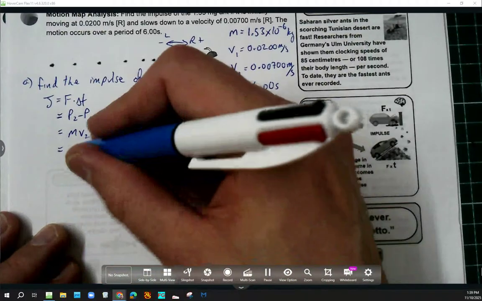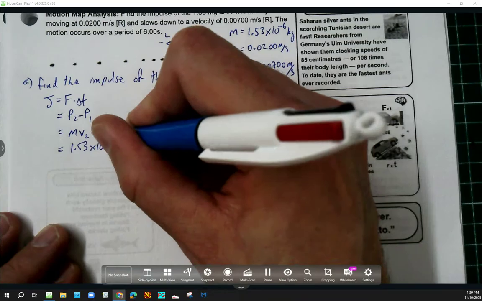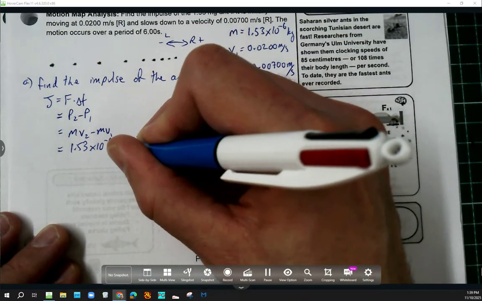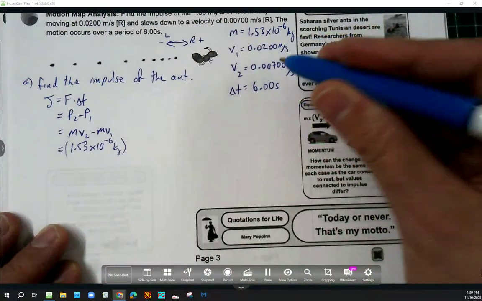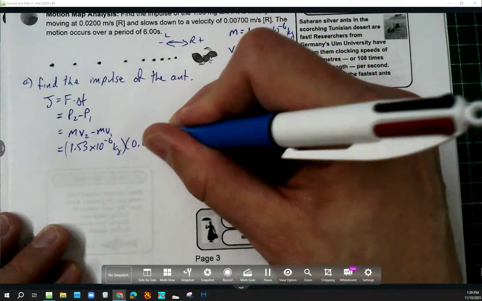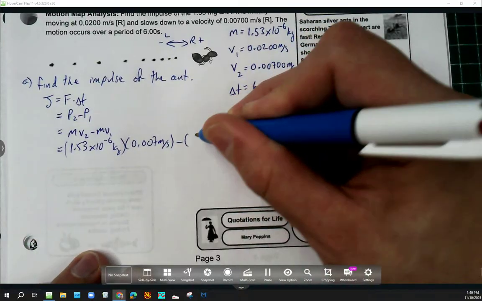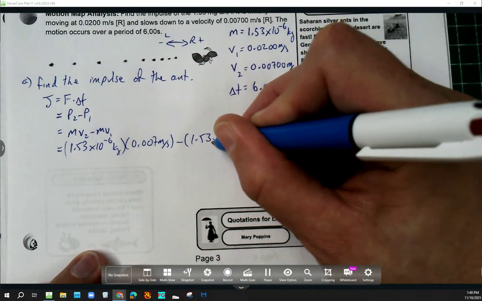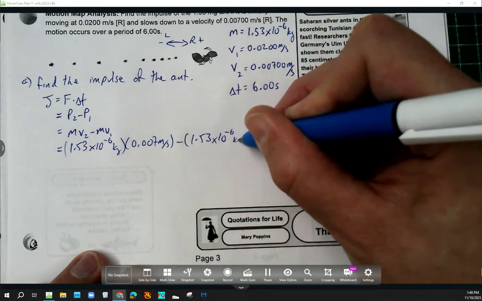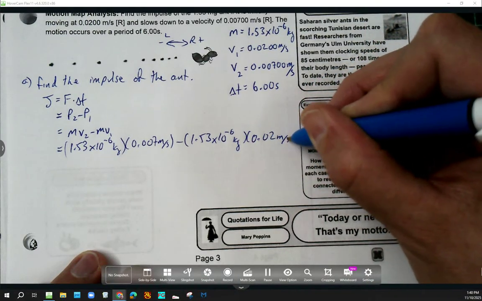So sub in our values: 1.53 times 10 to the power of negative 6 kilograms times v2, 0.007 meters per second, minus that same mass times 0.02 meters per second.